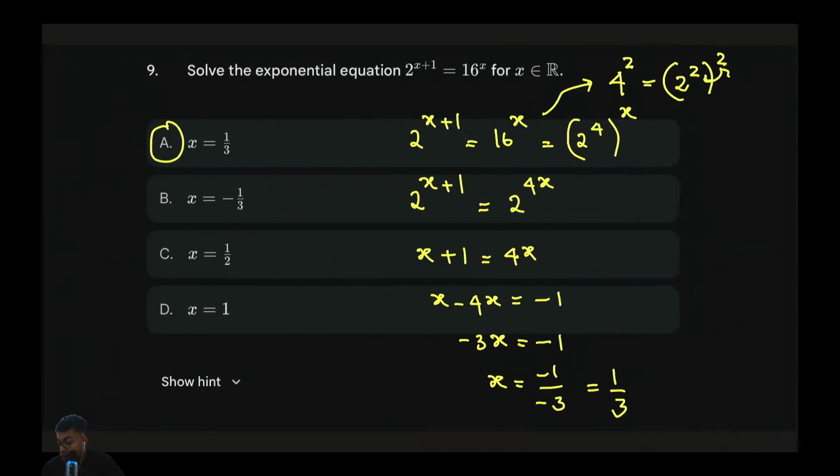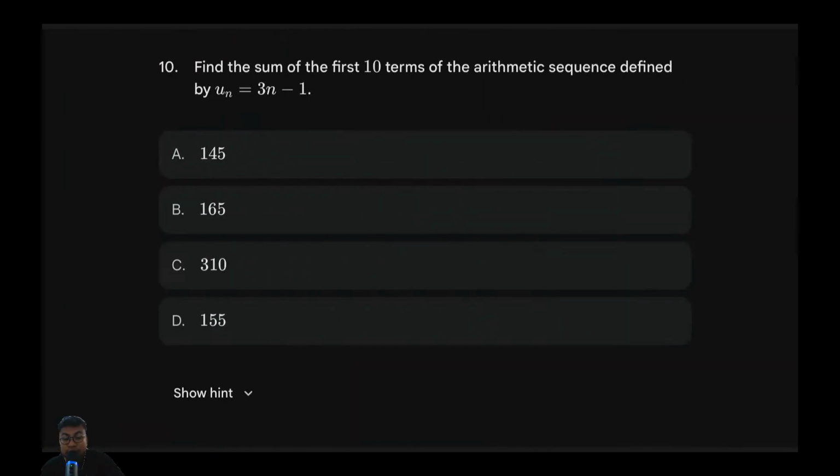I think for the next questions, they want us to find the sum of the first 10 terms of the arithmetic sequence defined by un equal to 3n minus 1. So let me tell you, for an arithmetic sequence, the sum of the first n terms, Sn, equal to n over 2 times u1 plus un.